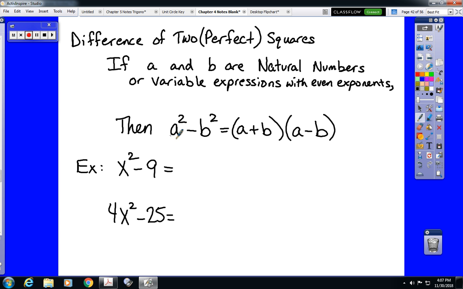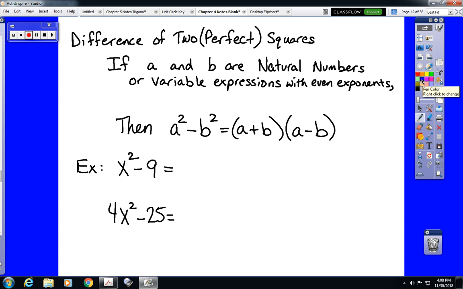That is, if this first term is a perfect square and the second term is a perfect square, it will factor into the square root of the first term plus or minus the square root of the second term. So let's look at some examples.